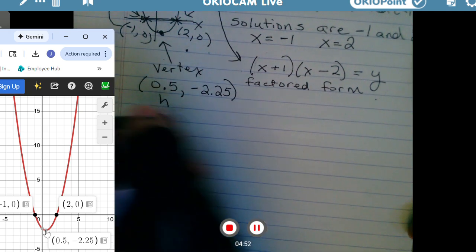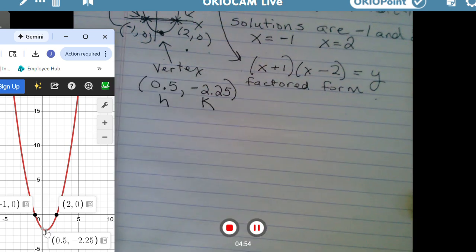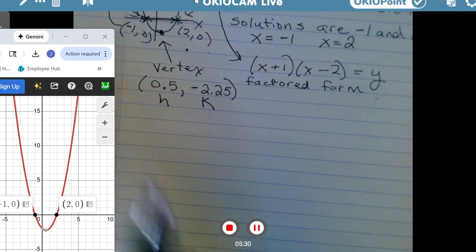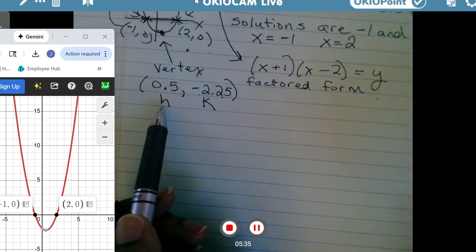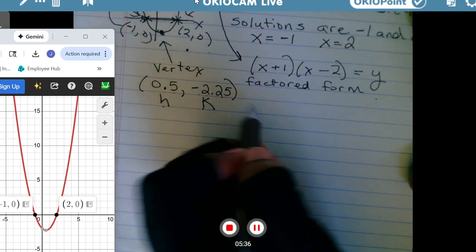This is h and this is k. Alright, so the vertex is at 0.5 and -2.25. This is your h and your k.